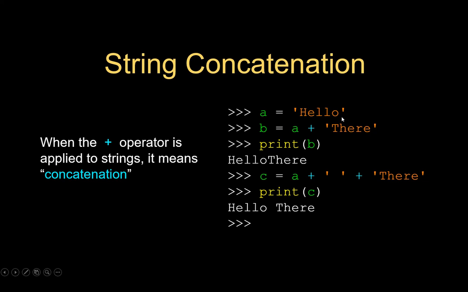Because there was no space at the end of hello or at the beginning of there, this is just going to be a complete concatenation. Basically just going to give us hello there. If we want the space between, we can have a plus, single quotation, space, single quotation, and plus there, and then in print this we're going to have the space between hello and there.